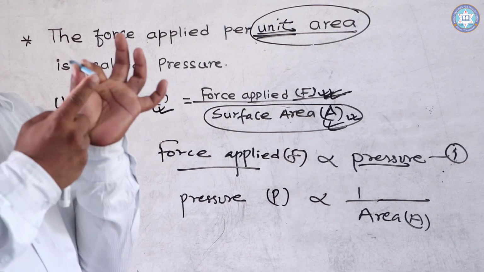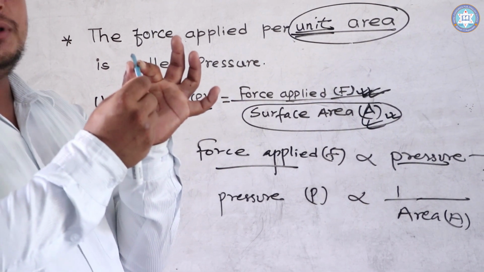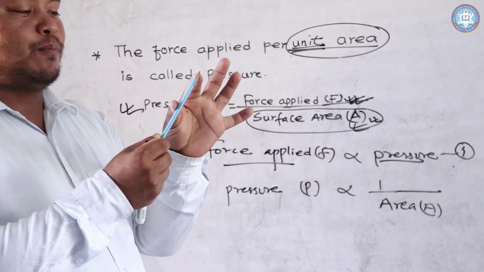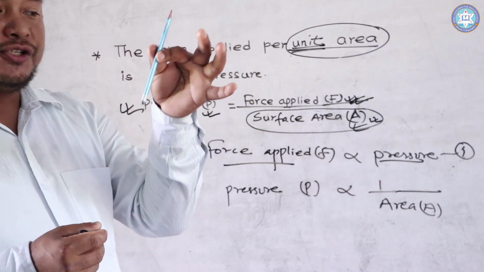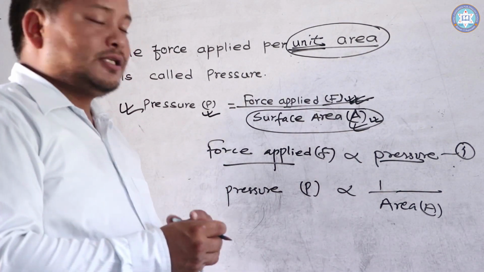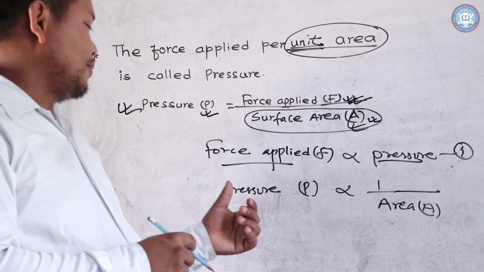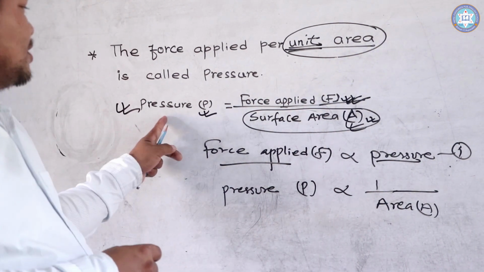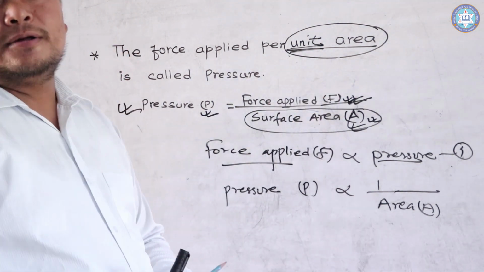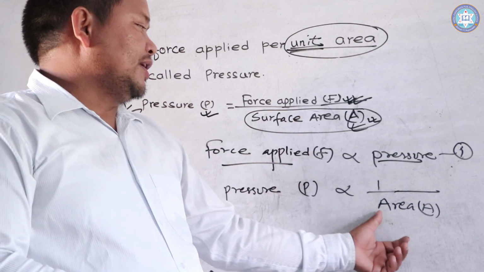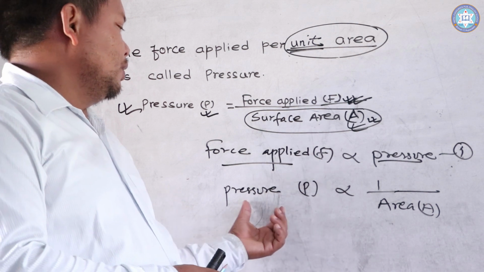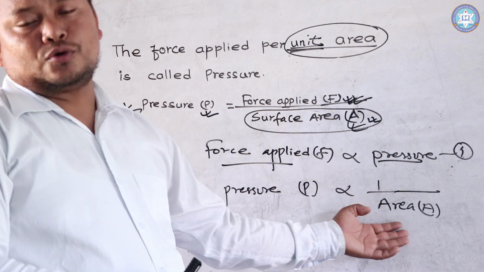But at this side, which has the broader or larger area as compared with the tip part of the pencil, it produces comparatively less pressure. So pressure depends on two factors: the applied force and surface area. With force directly proportional and with area inversely proportional.